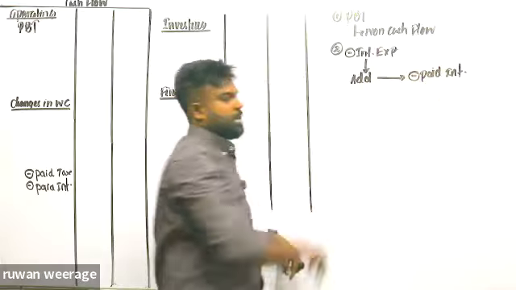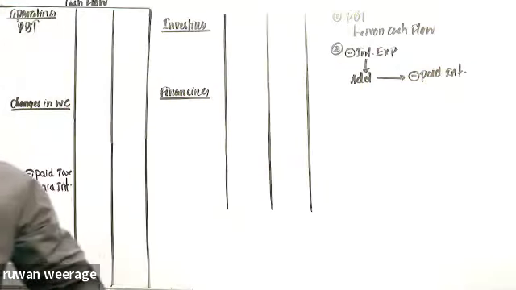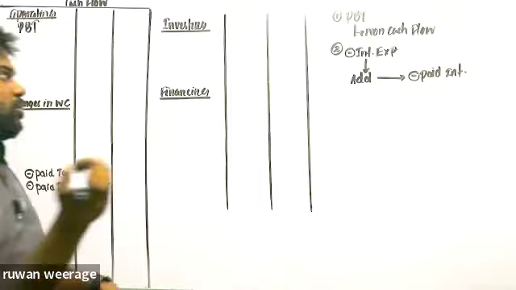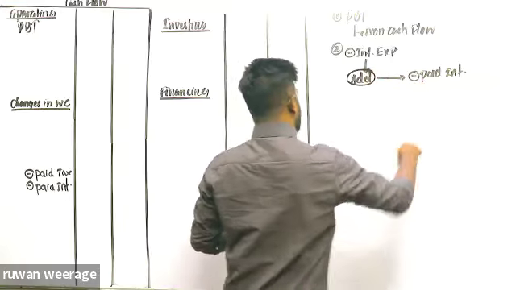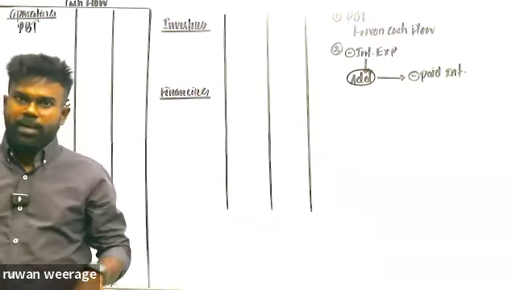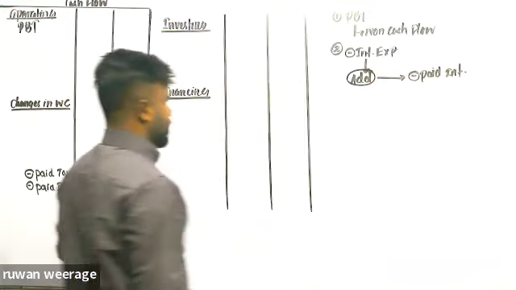Interest expense means accrued and paid, both. Therefore add back to reverse it, calculate the paid interest, and deduct it.